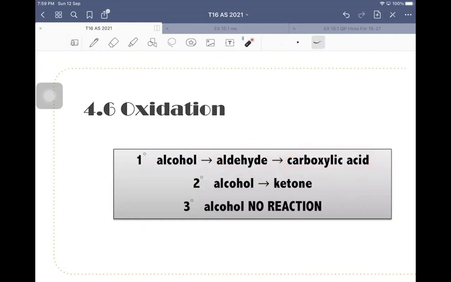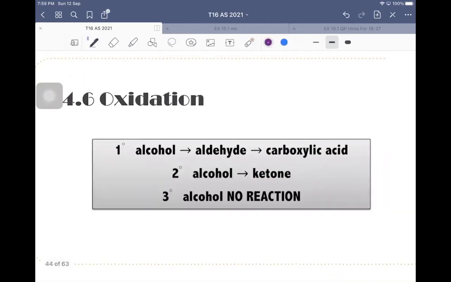A secondary alcohol will be oxidized into ketone, whereas a tertiary alcohol cannot be oxidized, no matter which oxidizing agent you use. So I'm going to draw one example for your primary alcohol. For your secondary alcohol, I will give you an example later on.